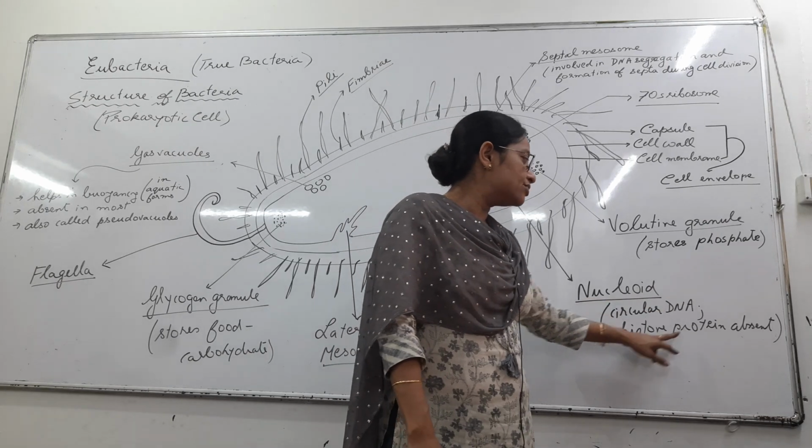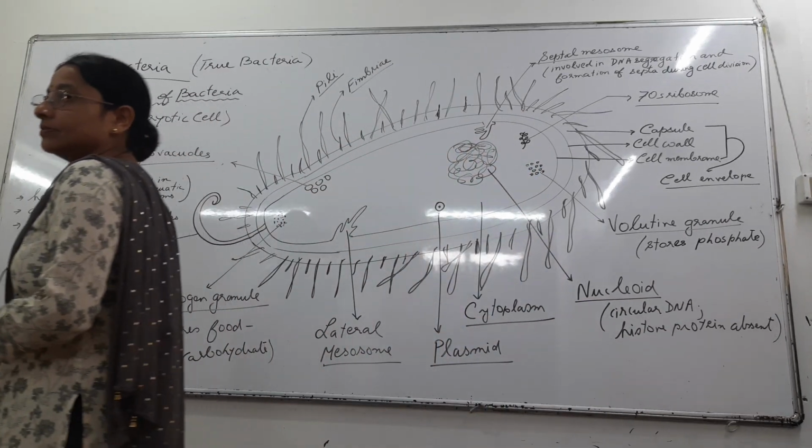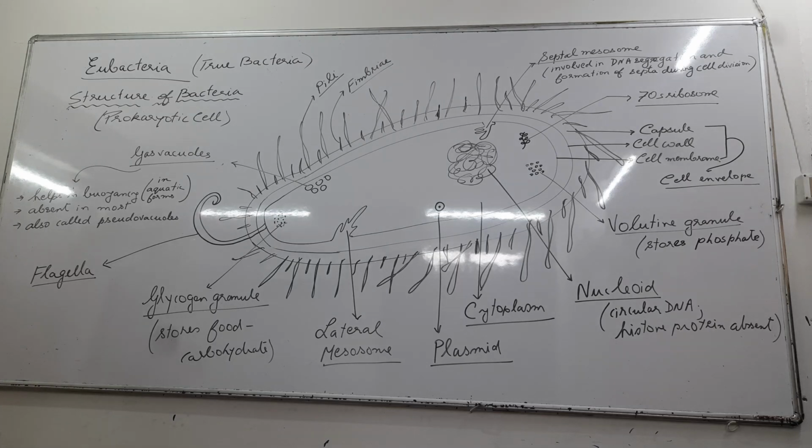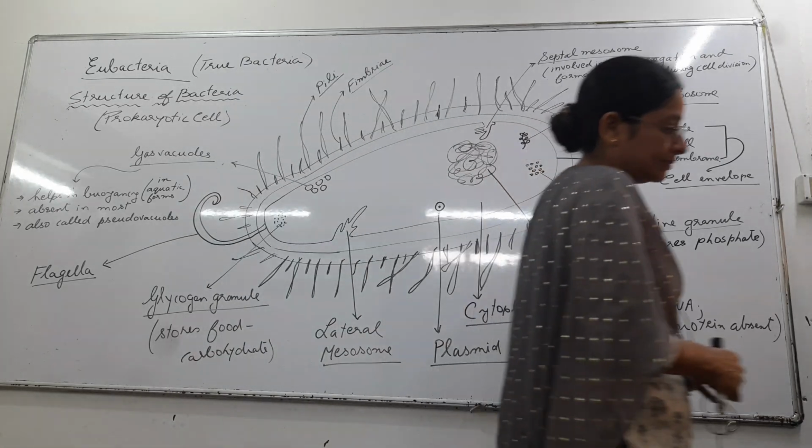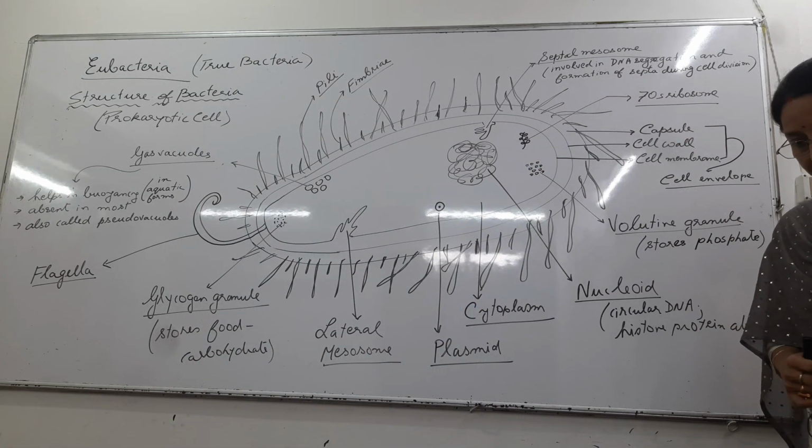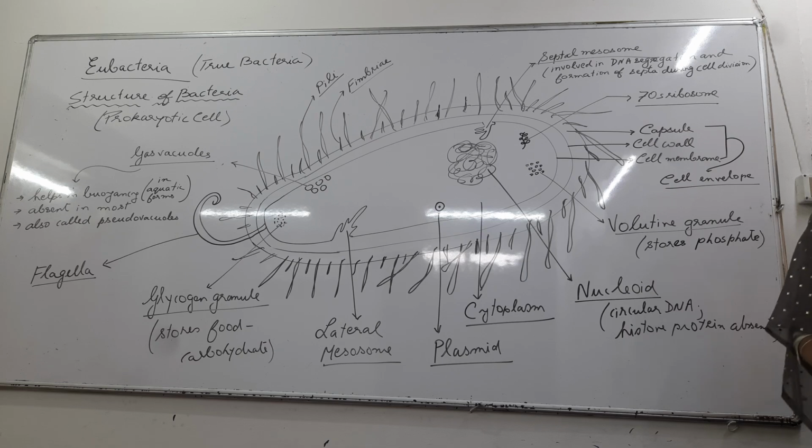Nuclear, circular DNA, histone protein absent. Ribosome. 70S ribosome.